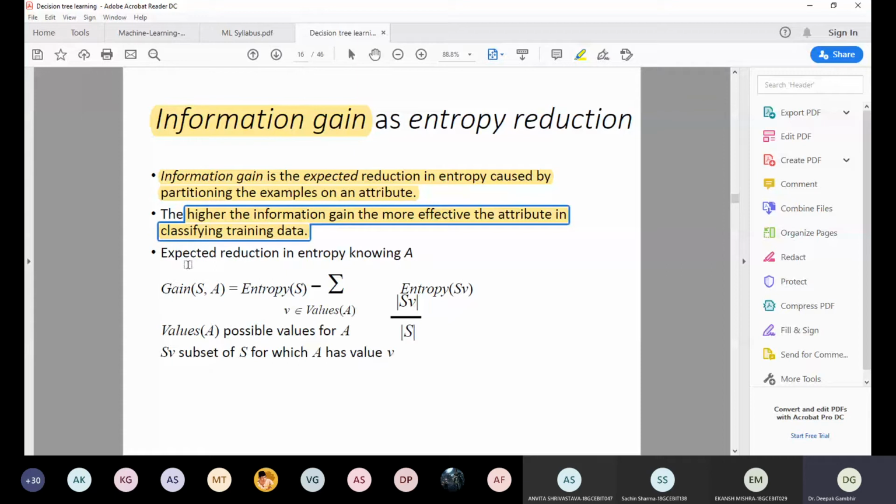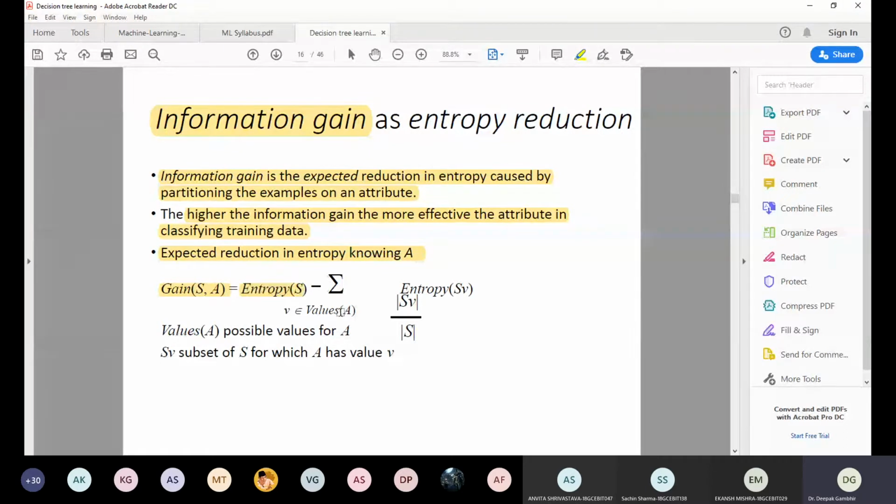To compute the information gain from entropy, we'll use this formula, that is the expected reduction in entropy as the gain. S is the total sample, and we compute the entropy of it.